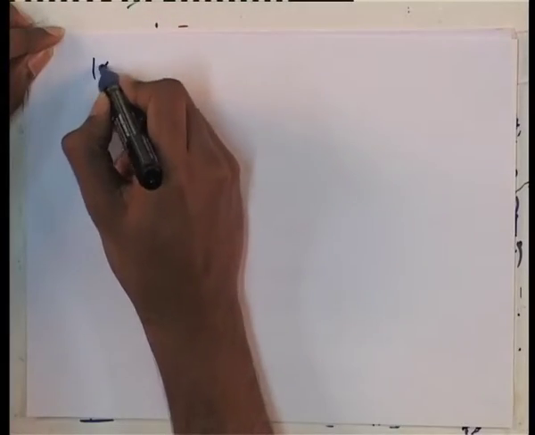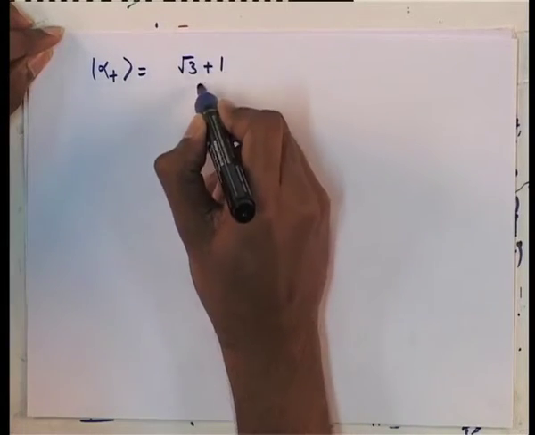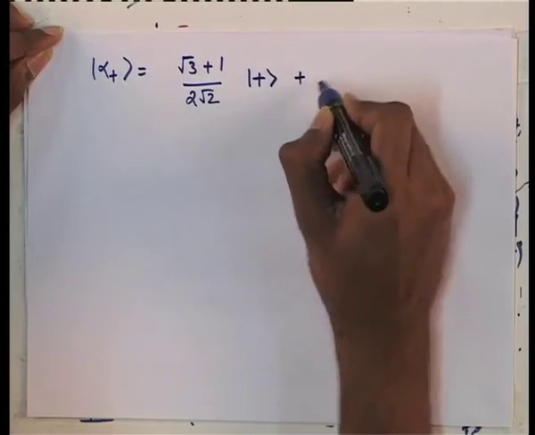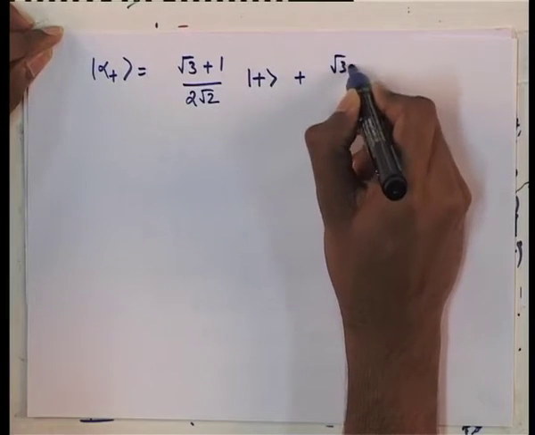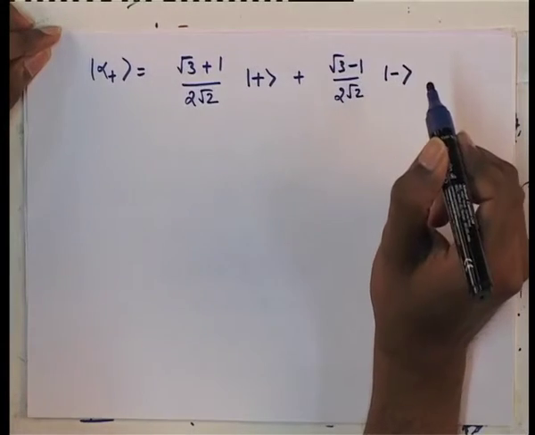So, alpha plus is root 3 plus 1 divided by 2 root 2 times plus, plus root 3 minus 1 by 2 root 2 minus.